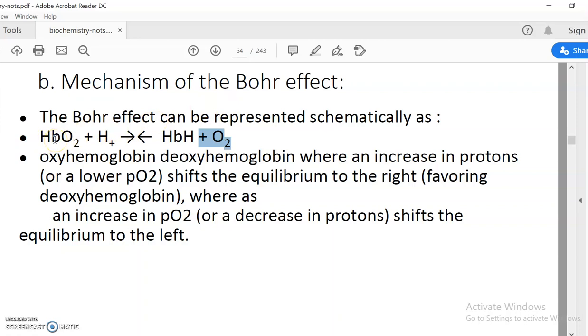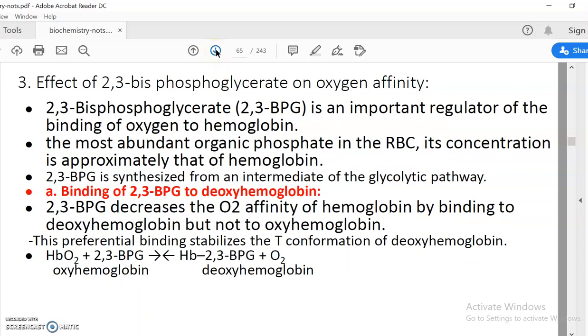So oxygen binding to hemoglobin increases. An increase in proton or lower oxygen pressure shifts the equilibrium to the right, favoring deoxyhemoglobin, whereas an increase in oxygen pressure or decrease in proton shifts the equilibrium to the left.